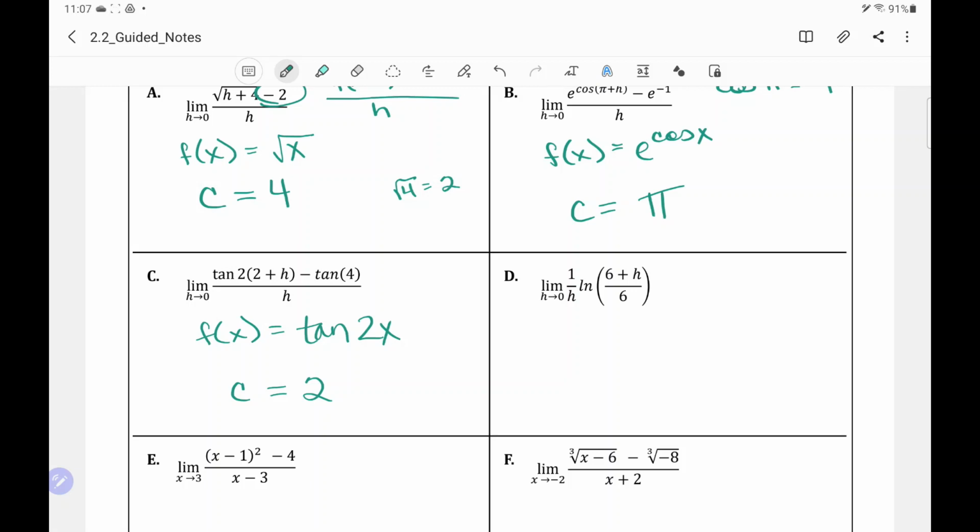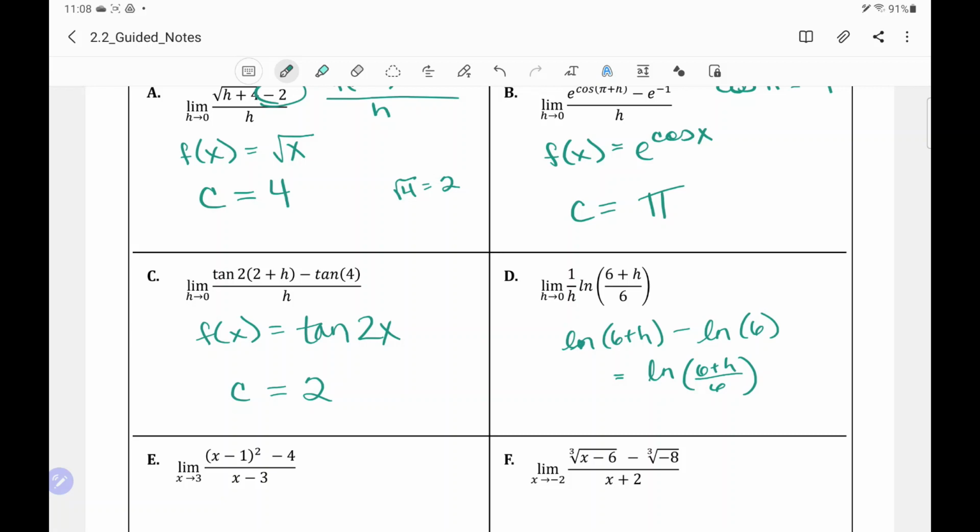Okay, so looking at the natural log, you've got to remember your rules. The natural log of 6 plus h minus the natural log of 6 would simplify to the natural log of 6 plus h over 6, right?